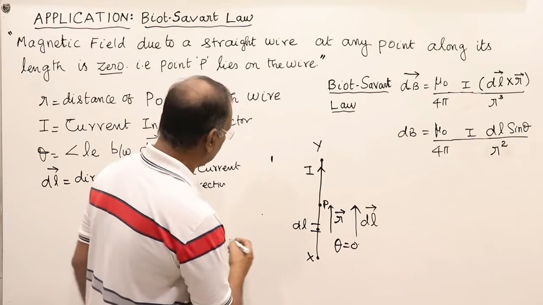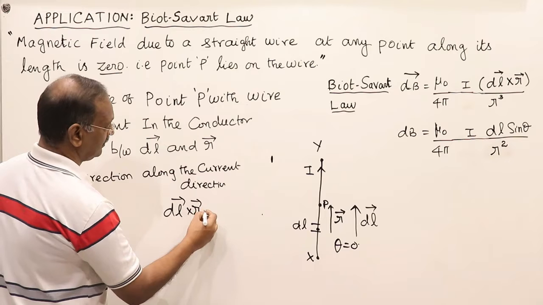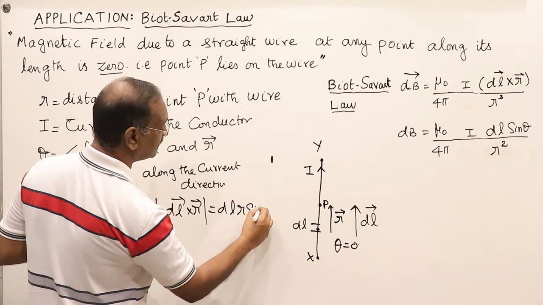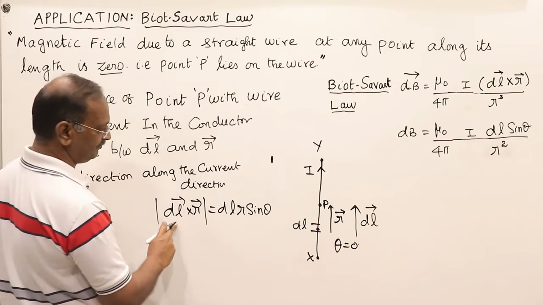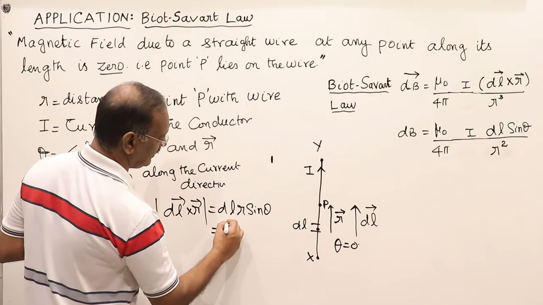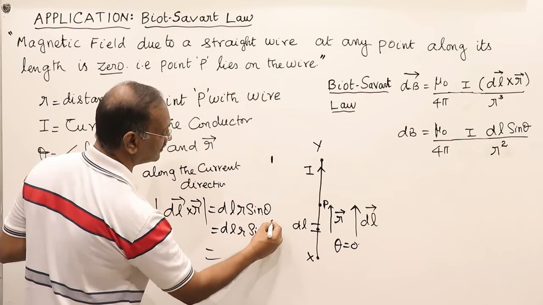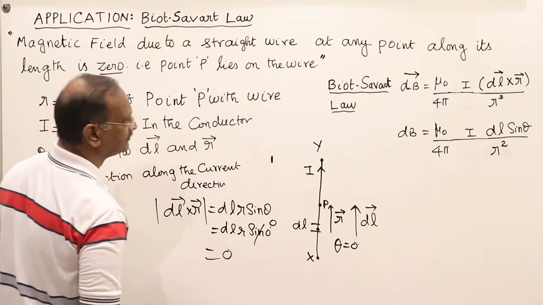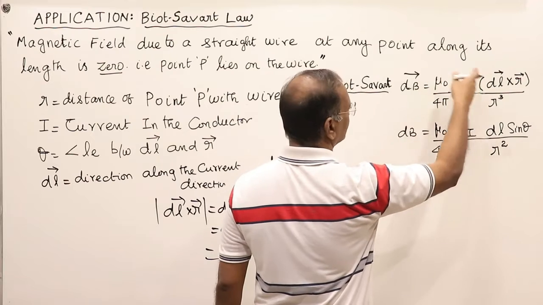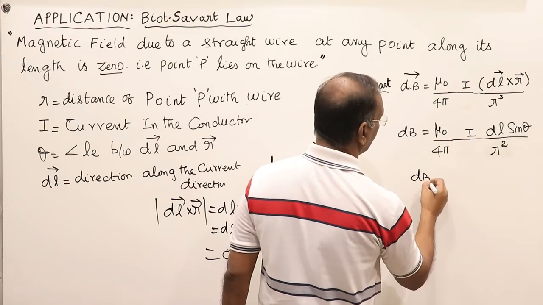The magnitude is dl r into sine of the angle between the dl and r vectors. Since theta is 0, dl r sine 0 is equal to 0, that is dB. Once this portion is 0, the vector form itself also becomes 0, and since sine theta is 0, it means dB is equal to 0.